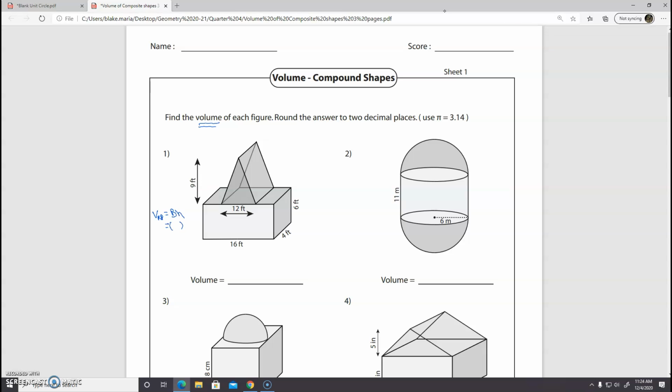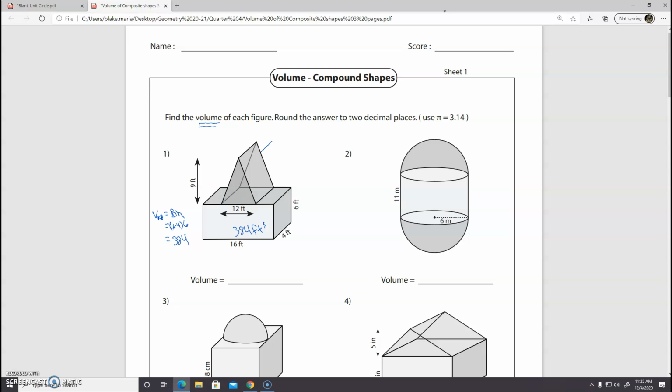So area of the base is 16 times 4, and then your height was 6. So you would do 16 times 4 times 6, and you get 384. So that's the volume of this rectangular prism down here.